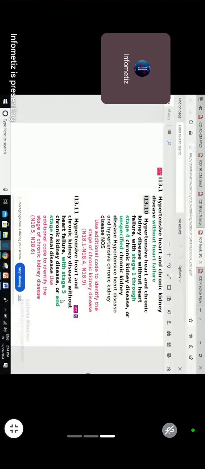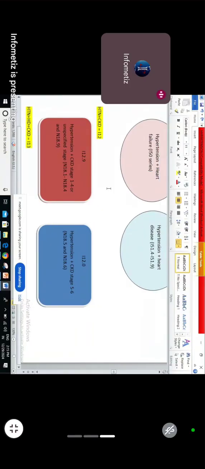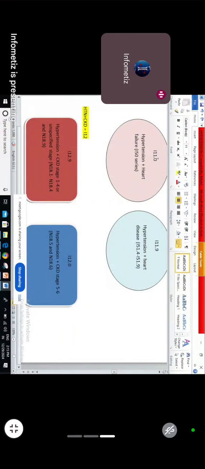Sure. So I13, you have to remember that I13 is a combination of these four things, four diagrams. If you are combining I11.0 to I12.9, first ignore the blue color diagram, that is I11.9. Just ignore it. Now the purple you are combining with red, and purple you are combining with blue.